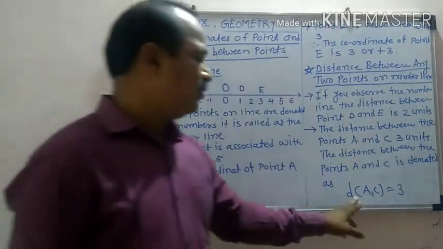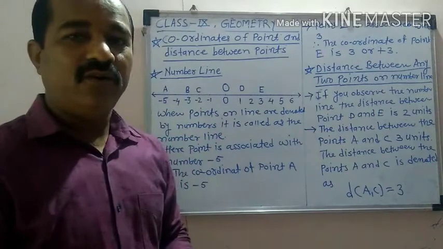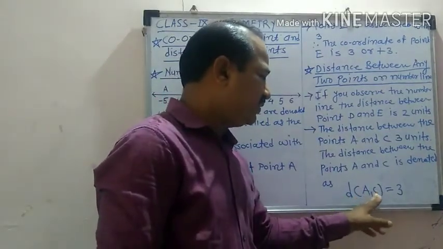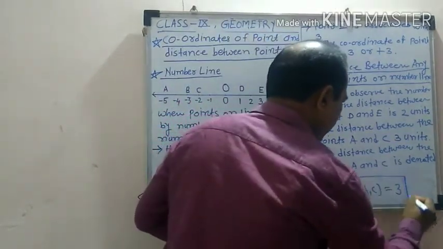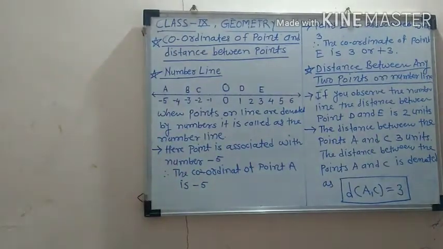It is read as the distance between point A and C is equal to 3 units.